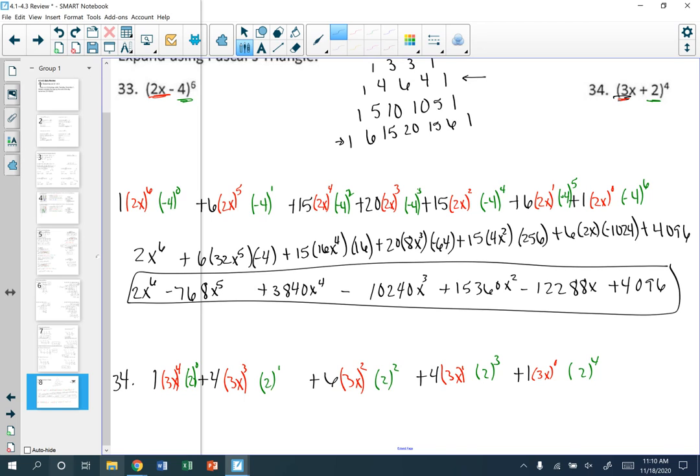And then once I simplify all that, I end up with 81x to the fourth plus 216x cubed plus 216x squared plus 96x plus 16.